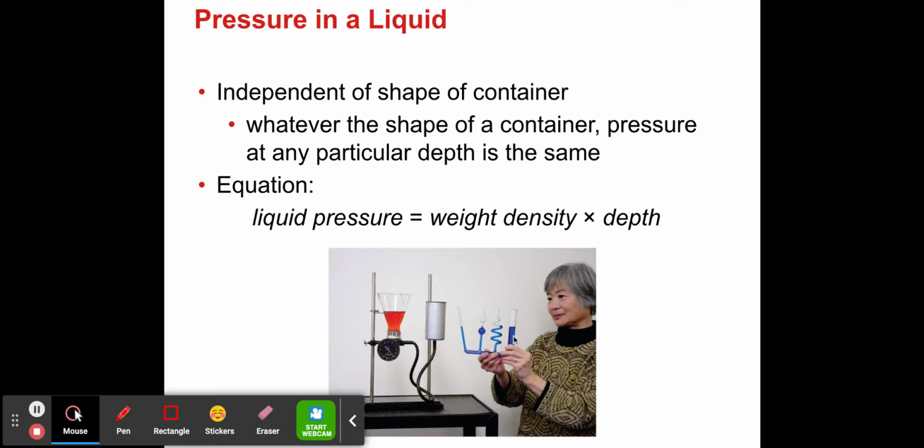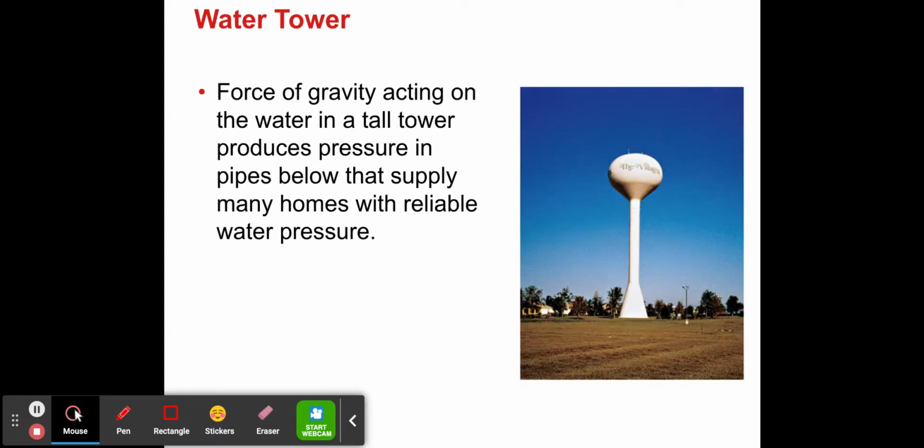All these tubes will experience the same pressure provided it's the same liquid. So liquid pressure is calculated as weight density times depth, or times height. Weight density times height.